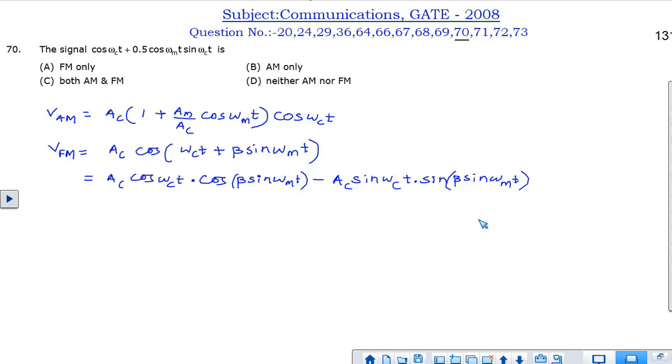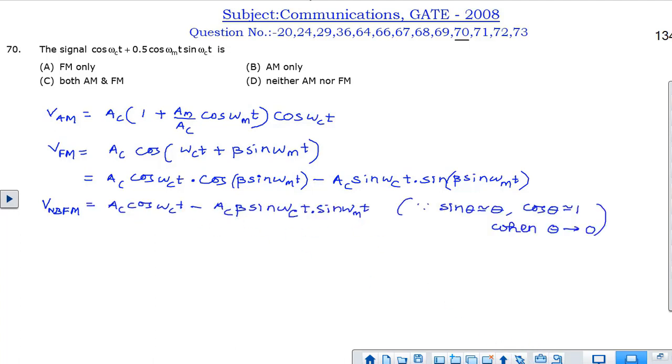Now what is narrowband FM? For narrowband FM, this phase part should be very small, close to 0. So if we simplify this expression by taking beta sin omega mt tends to 0, that is theta tends to 0, what will the narrowband expression be? It will look like this.